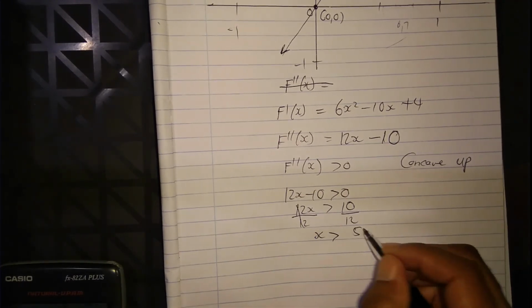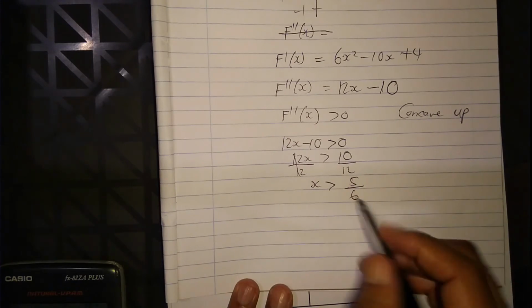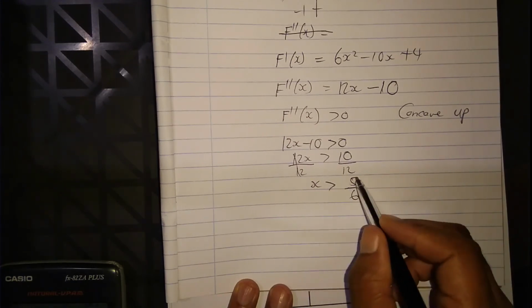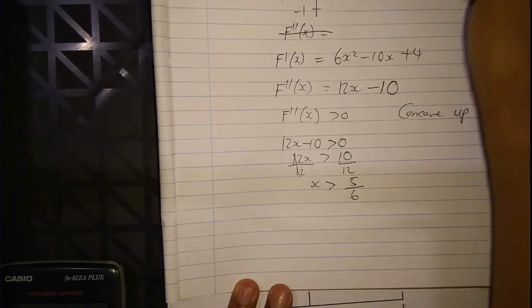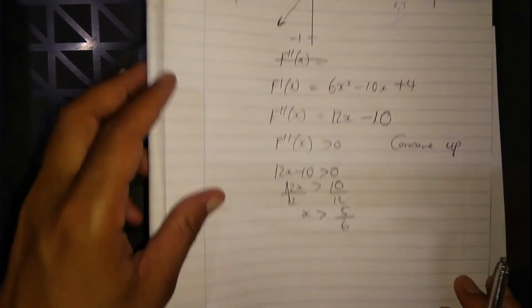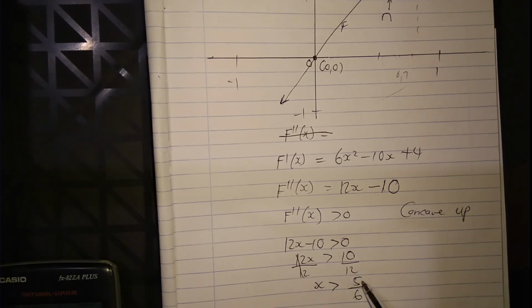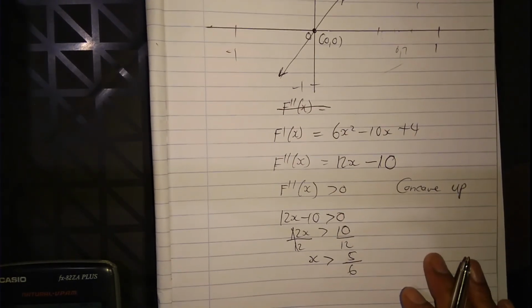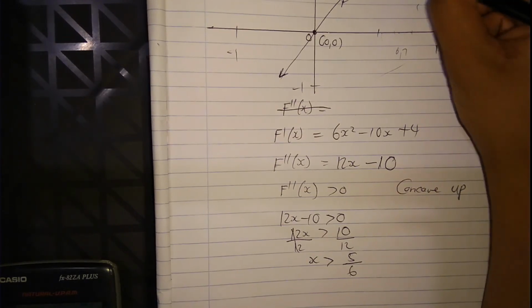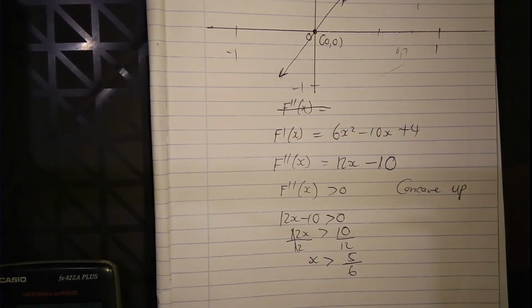Answer is 5/6. So whenever x are greater than 5/6, sithola i-concave up. If x are less than 5/6, sizothola i-concave down. If x are equal to 5 over 6, that's where my graph changes i-concavity.